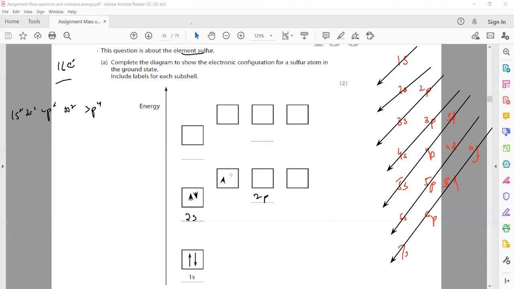Because there are 6 electrons, so 1, 2, 3, 4, 5, 6. And then 3s, which is 1 and 2. And then we have 3p, which has 4 electrons, so 1, 2, 3, and 4. So there are 2 unpaired electrons present in the 3p subshell. Is it clear, this one?